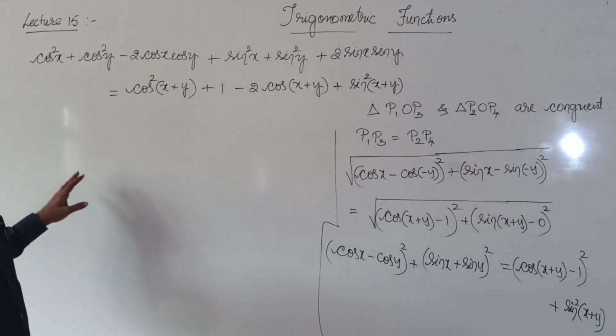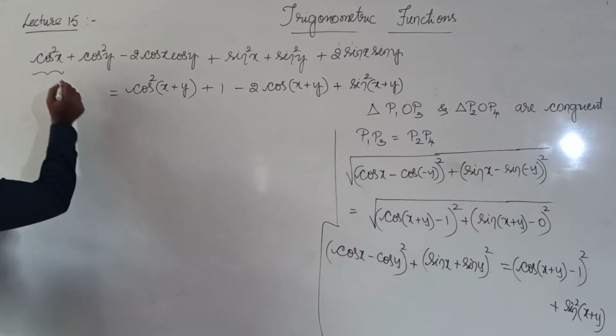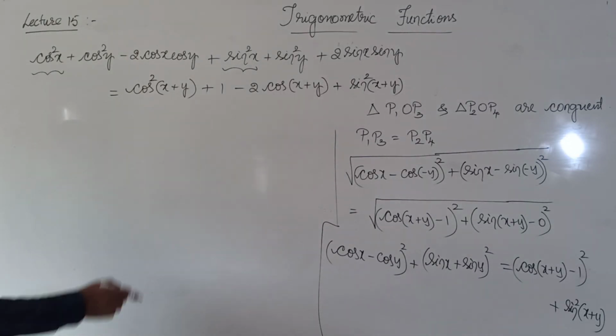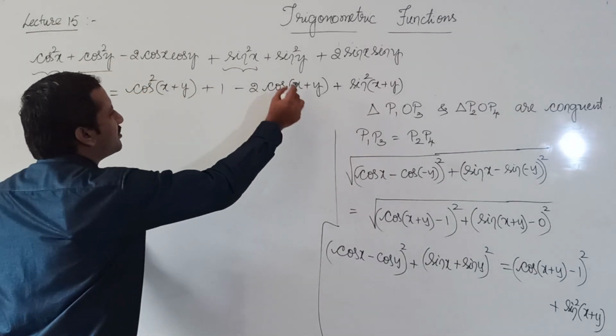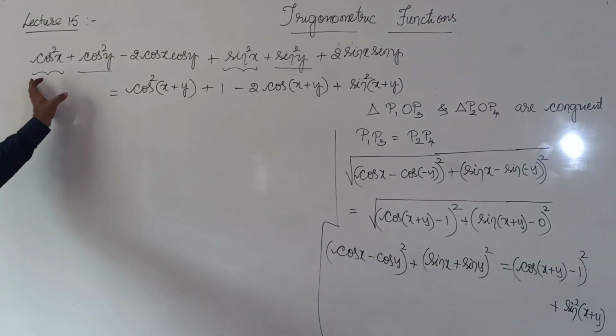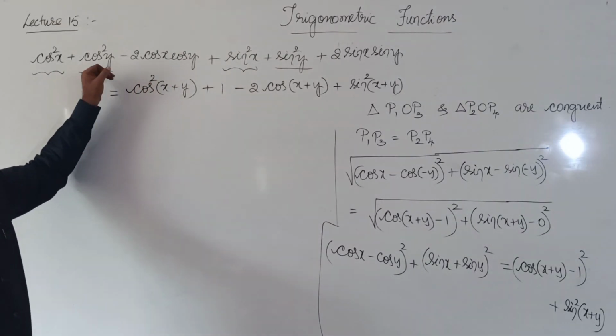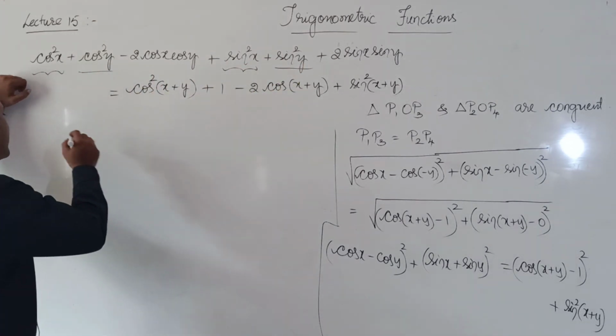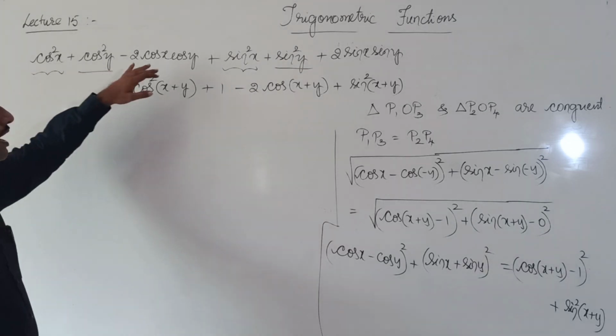Okay. Now look at this, cos²x + sin²x will give you 1. And after that, look at these two, cos²y + sin²y will also give you 1. That 1 plus 1 will become 2. Then what do you have here?